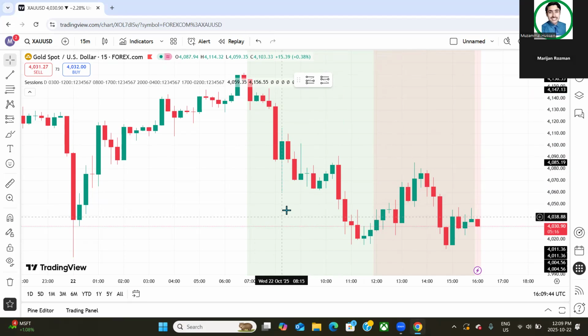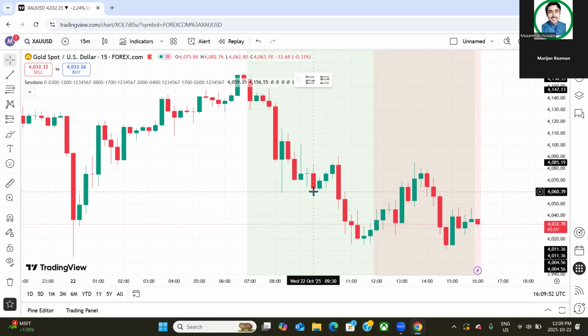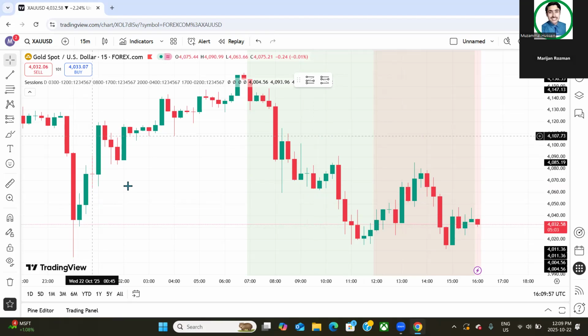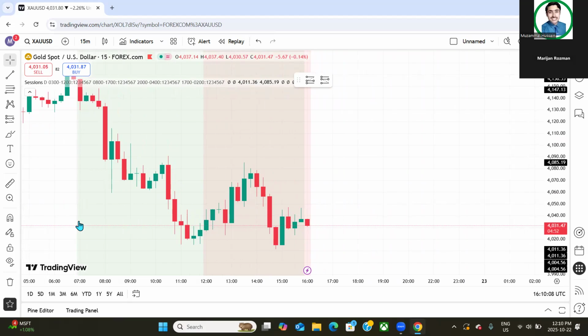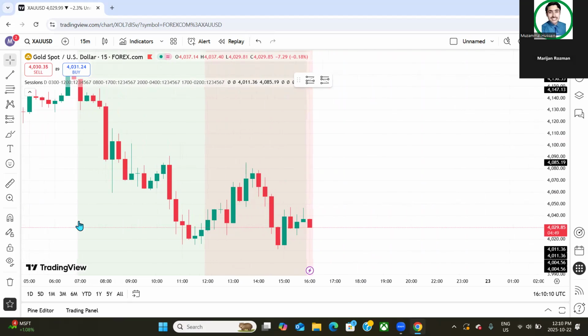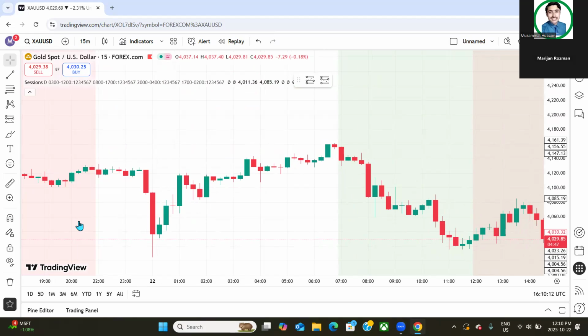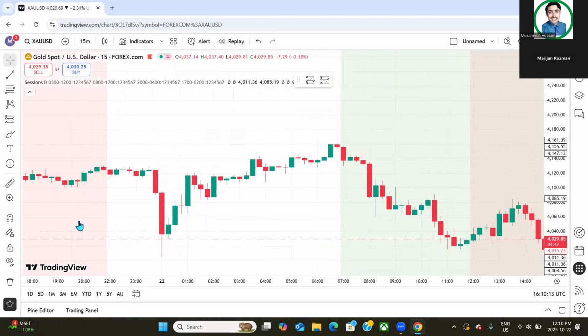Kindly move it to the left side on the past days so that we can find a real example of a buy. Move your screen to the right side. Yes, yes.